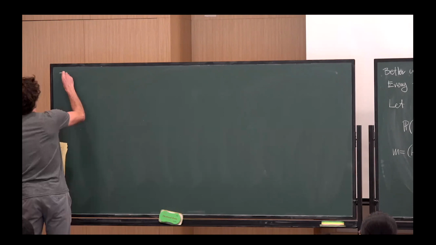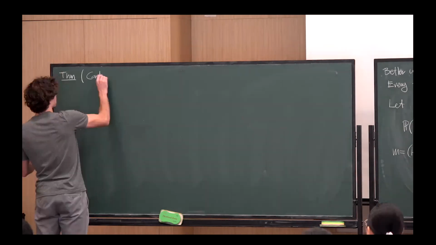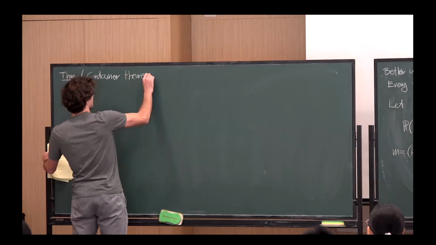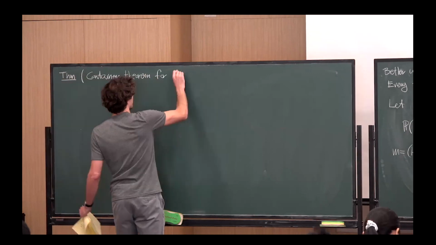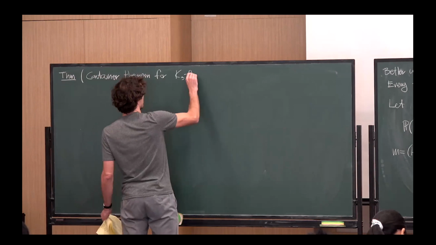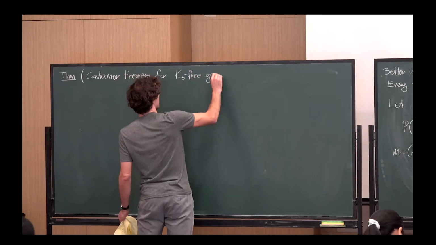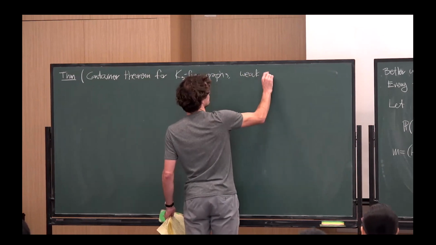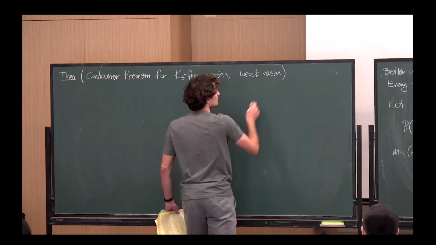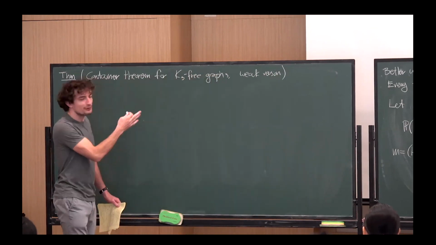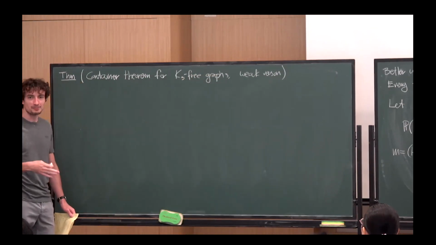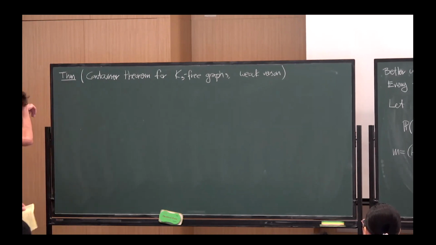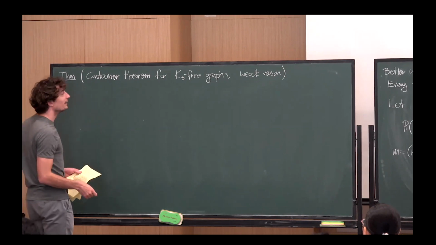I call it the container theorem for triangle free graphs, a weak version. The reason I wrote weak version will only be clear after I state the strong version, but just to signify that this is not the final product.